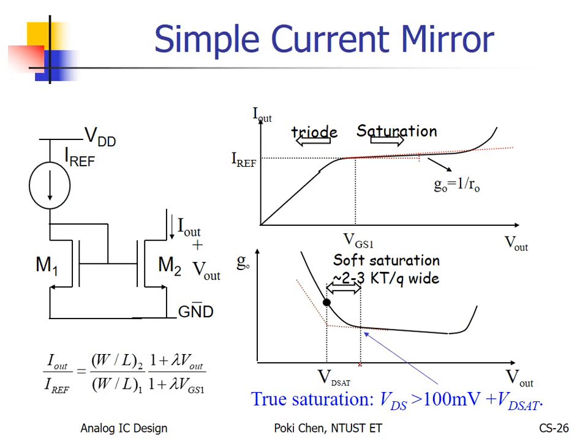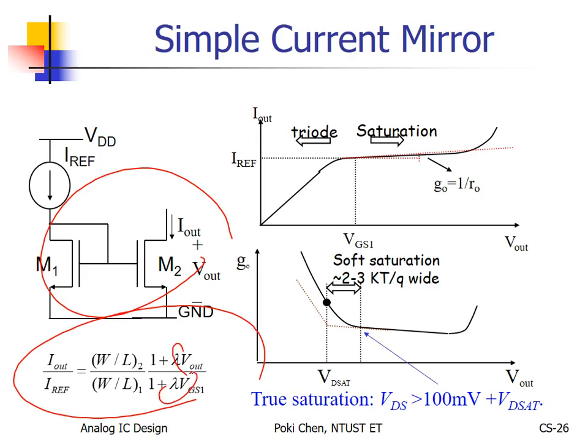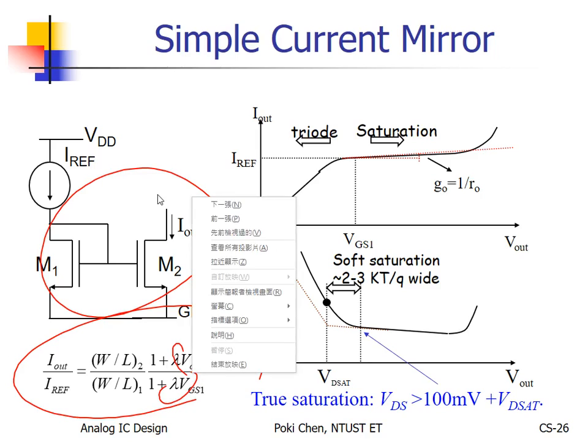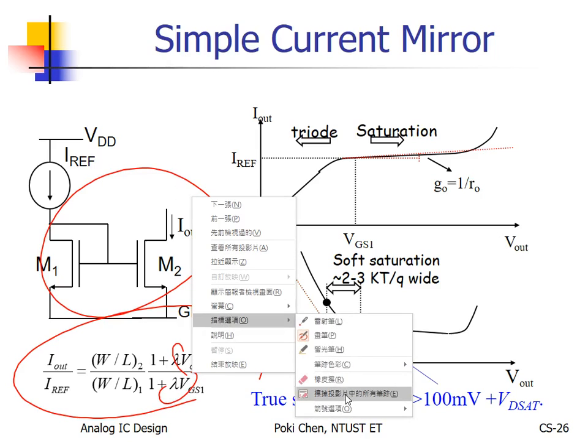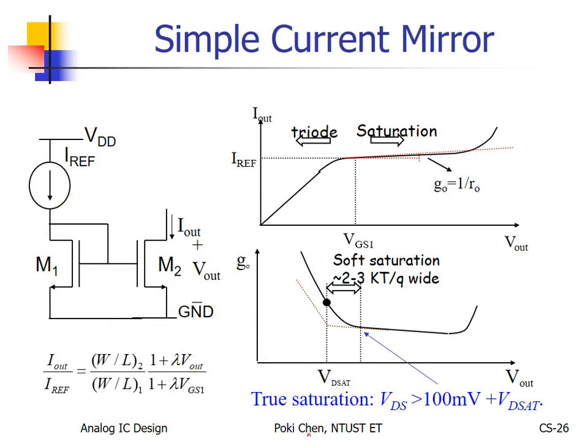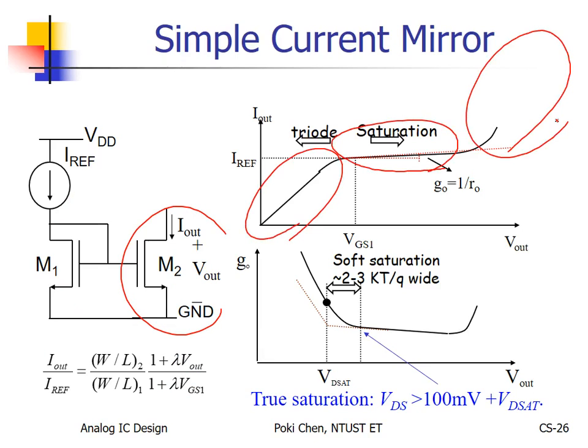Yeah. This is a very simple current source, but lambda is not so good here compared to the early voltage in BJT. Okay. And also you can see, according to I out, as you already know, this is the triode region, that is saturation, and after that, we have breakdown. Okay?